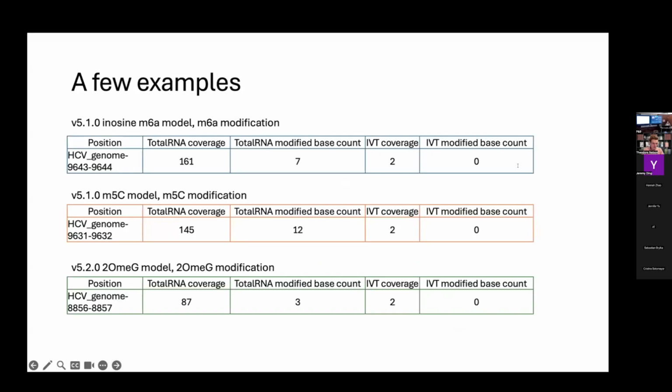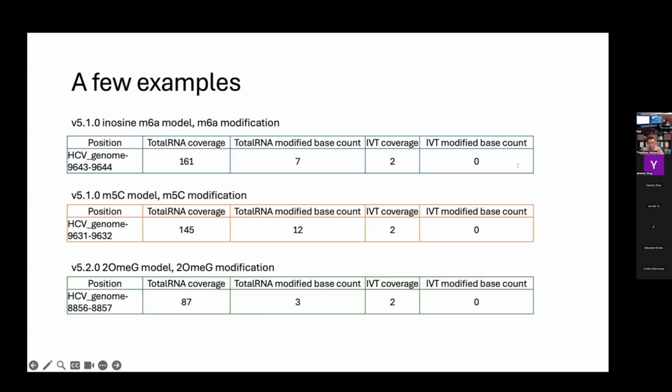And then lastly, I just highlighted a couple of example sites. So this first site that passed my filtering on the top, it passes as a differentially modified site for M6A. And the total RNA sample had a coverage of 161 molecules at this site, and 7 of them were modified.